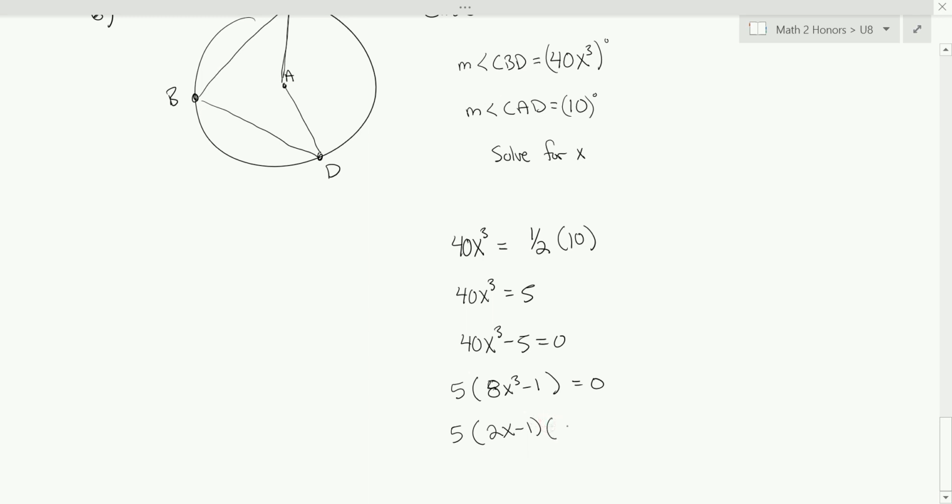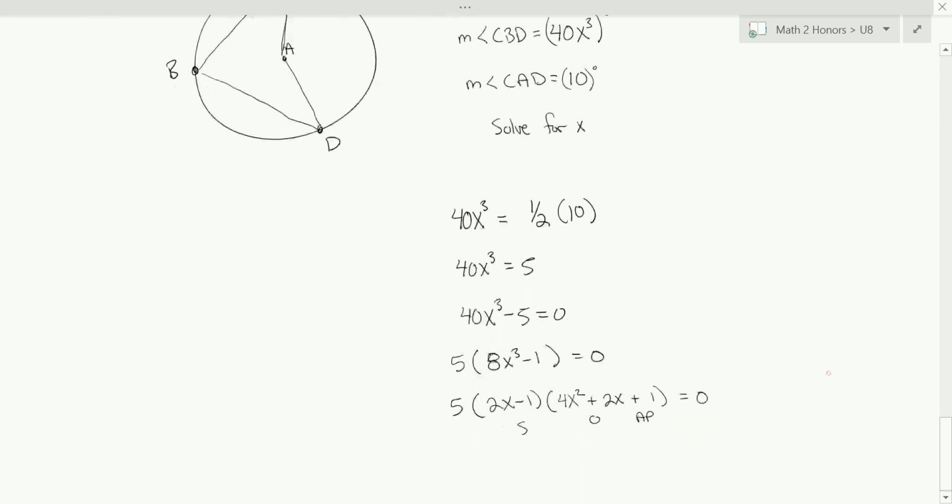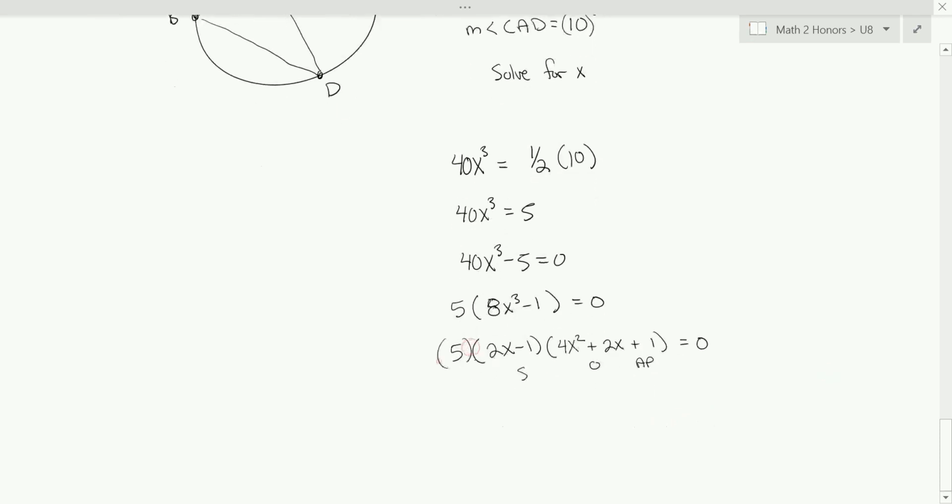And then my third factor is going to be what? 2x times 2x, which is 4x squared, plus 2x plus 1 equals 0. So now I have 3 factors. My last factor is not going to give me any real solution. I'm not going to pursue that one.